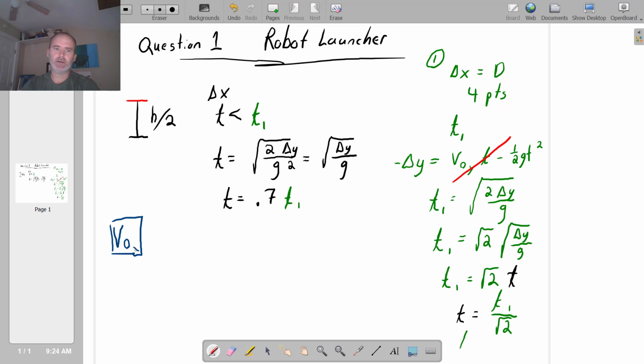Well, in the x direction, v0 stays the same the whole time. So it's constant velocity. Constant velocity with no acceleration, so we have a really easy equation: Vx is equal to delta x over t.